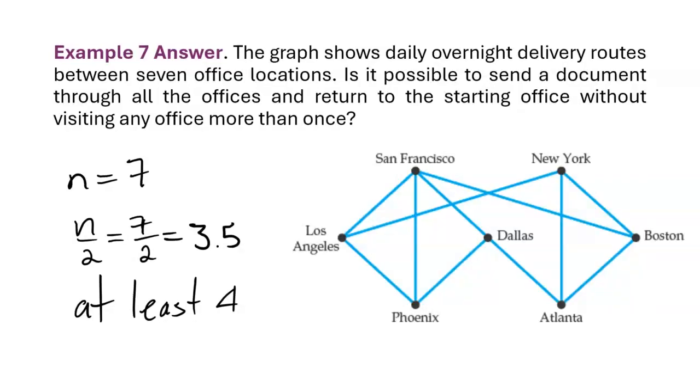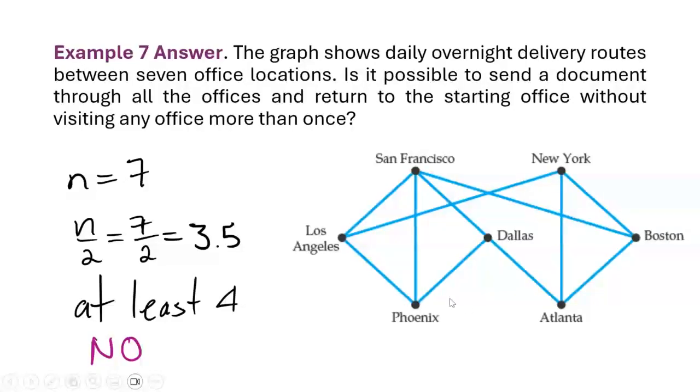If it has less than 4, then it is impossible to find one of these circuits that travels through all of the vertices. And of course, you might already realize the answer is no, because if you look at some of these cities, such as Los Angeles, LA only has 3 connections or 3 edges, which is less than 4, so it's impossible to do it.